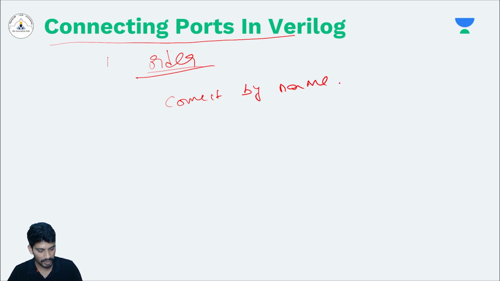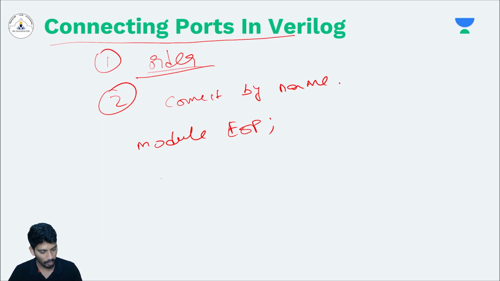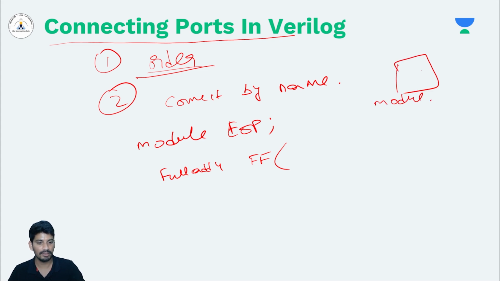So there are two ways. One is matching the order and the second one is connect by names. In matching the order, the same way that I followed in the previous slide, we'll call the top module. Inside the top module, I will call my full adder, full add 4, let's say FF, and then the order of the pins that I have defined in the module full adder should match here.